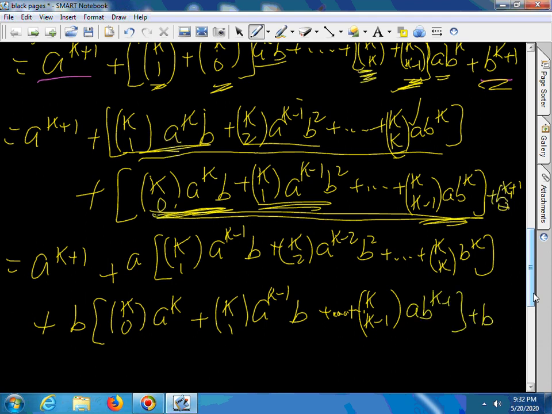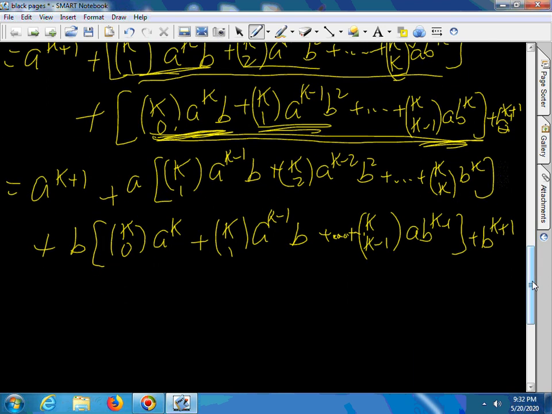And don't forget to add the b raised to the k plus 1. Now, the reason I factored out the a's and the b's is so this starts looking like the binomial theorem. The only problem is that we're missing that k choose 0 term.